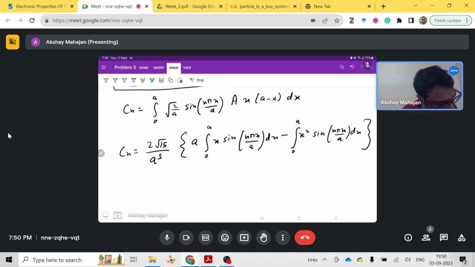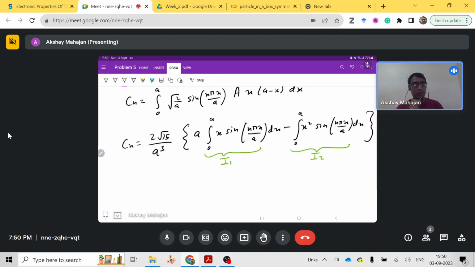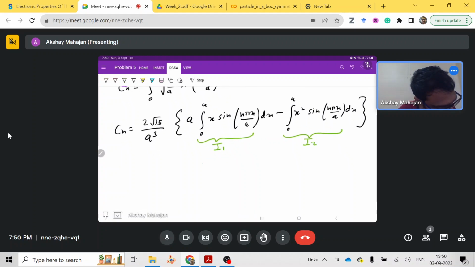So we have to do these two integrations. Let's say this is I1 and this is I2. So instead of this one integration, basically you have to solve these two small integrations and use integration by parts.